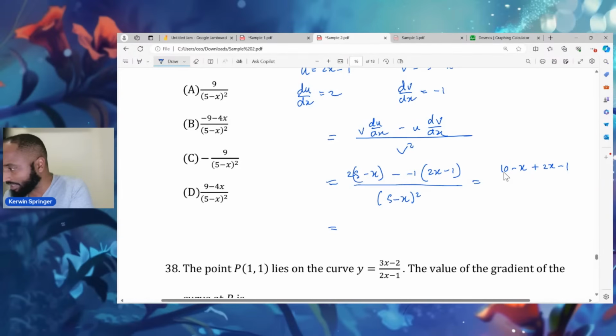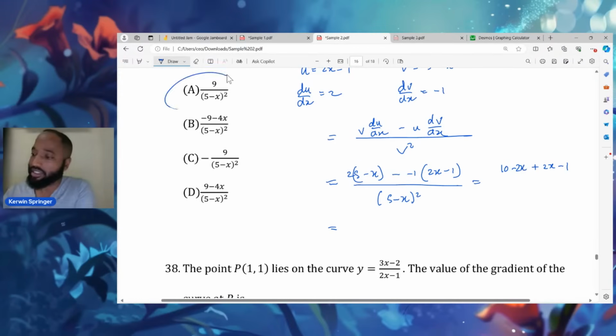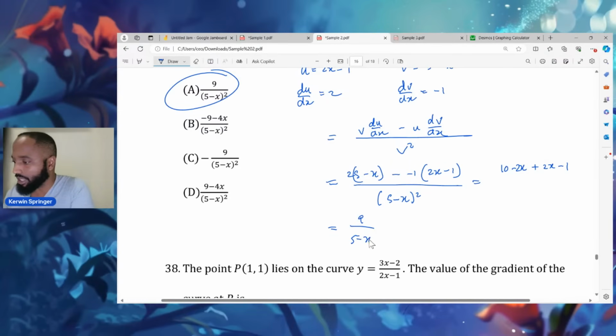I see a kind of 9 situation happening here. Positive 9, and did I leave out a 2 here? Positive 9 and the x's cancel. The answer is A. So I'll end up with 9 over 5 minus x all squared.